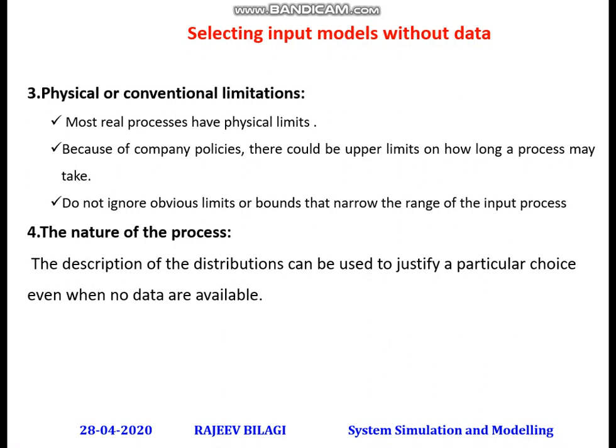Most real processes have physical limits. Because of company policies, there could be upper limits on how long the process might take. So this is one simple topic, which talks about selecting the input models without any data.